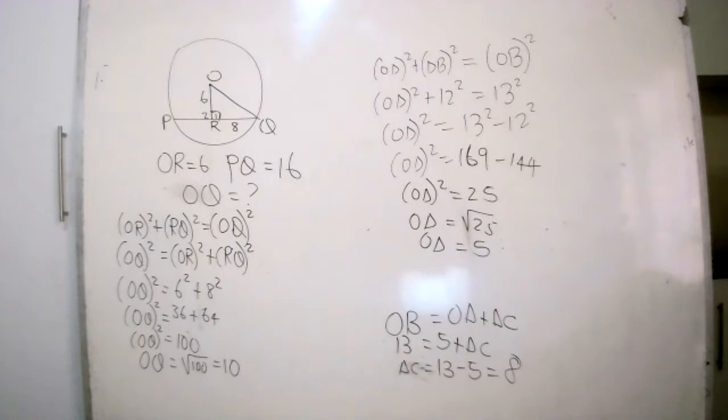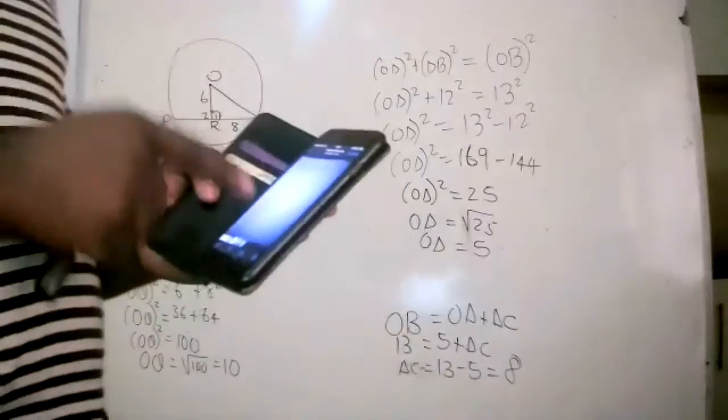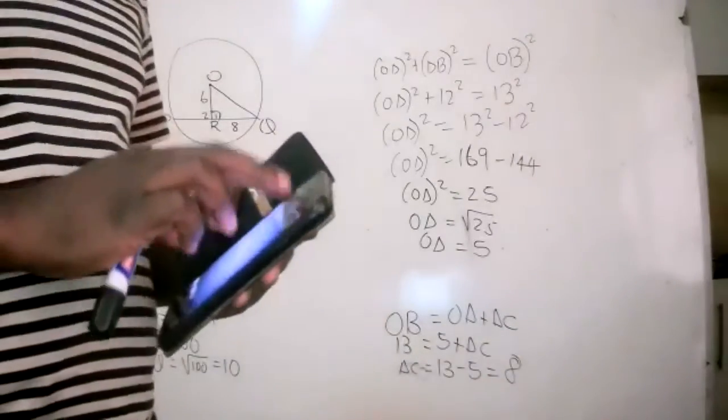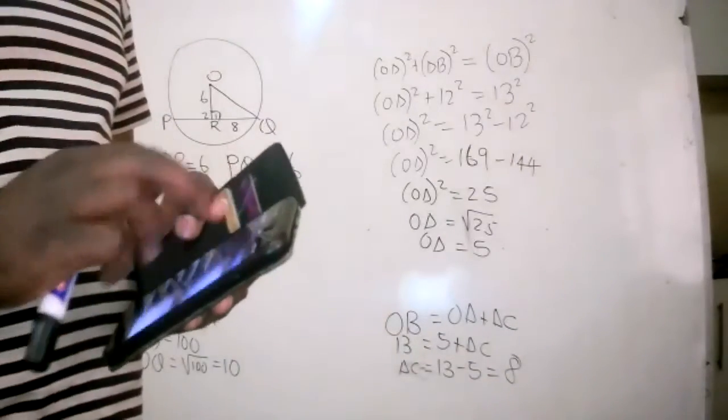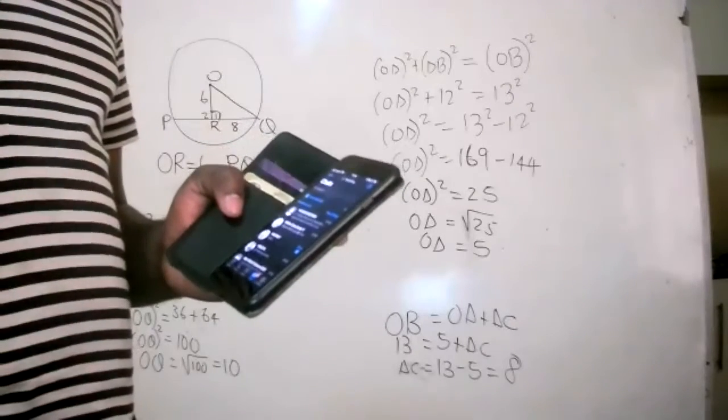The angle at the center is twice the angle at the circumference. So I'm going to do the proof with you for that theorem first before we cover the question. After the proof, we'll then do your questions, if time allows. But if time doesn't allow, we're going to attend to your questions next week, Thursday. Is that okay?